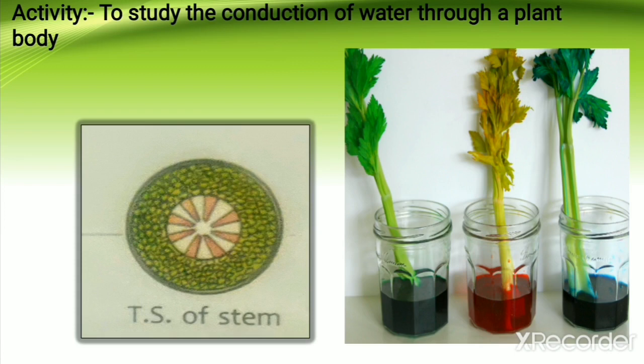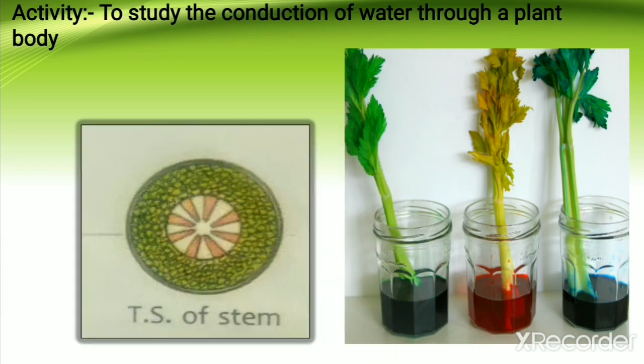Then cut a thin transverse section of the stem, and if we observe the transverse section under the microscope, then we will see such a structure. Means the inner side of the stem will become red in color. So hence it is proving that xylems are the water conducting tubes, and they are located on the inner side of the vascular bundle.